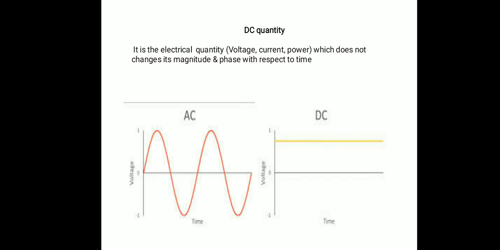It does not change its magnitude and its phase with respect to time. So magnitude and phase with respect to time are constant. On the right hand side there is a diagram which indicates the DC quantity, having a constant magnitude with respect to time.